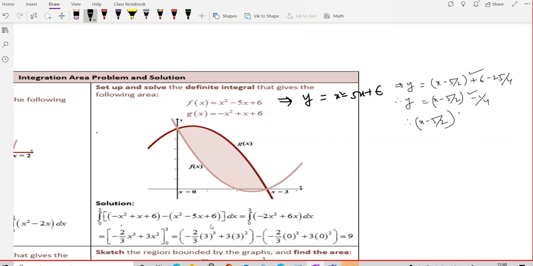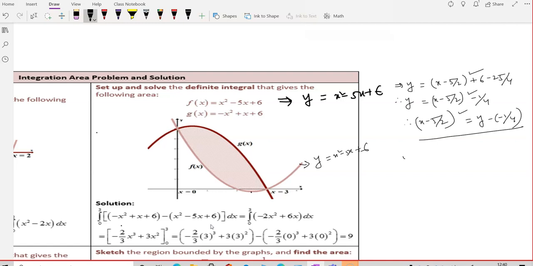You can trace this one now easily. Remember it. y plus 1 by 4. The vertex is 5 by 2, minus 1 by 4. By taking the vertex 5 by 2, minus 1 by 4, you can plot the first curve. And this curve will open upward. You can see this is the curve here. This is the vertex here. So this is representing y equal to x square minus 5x plus 6.